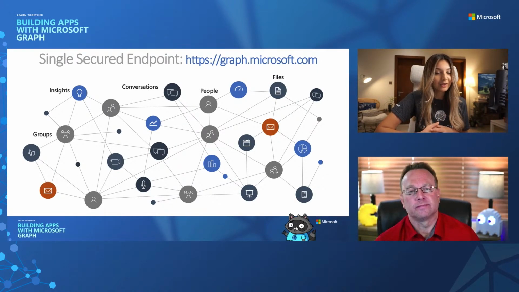Due to the single secured endpoint, you will only need to learn one single endpoint, which is graph.microsoft.com, and you will be able to get all different data sets from Microsoft 365 with that one single secured endpoint. Perfect. Okay. Well, that's really what we need because maintaining our apps over time is always a challenge. So the simpler we can keep it, the better.